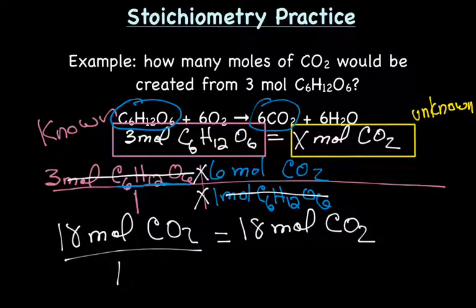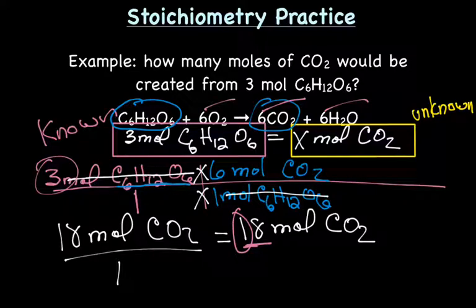And the very last step is sig figs, as is always the case. We do not use these moles from the balanced equation as part of our sig figs, so we're just going to use our given, which is 3, which is 1 sig fig. So we have 2 sig figs there, so we're really just going to keep the 1.